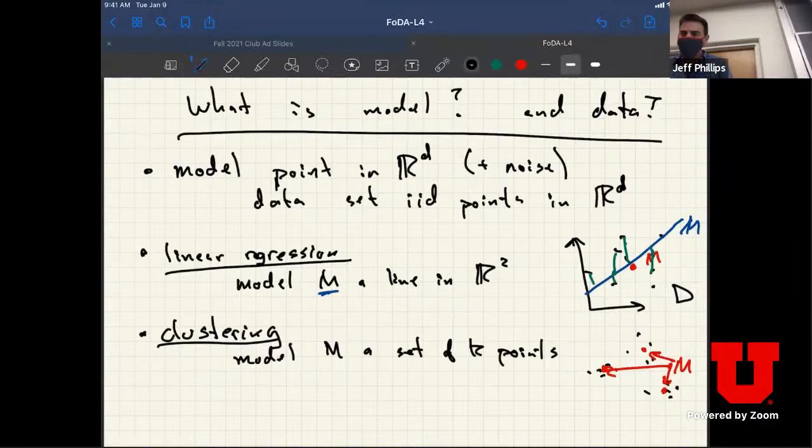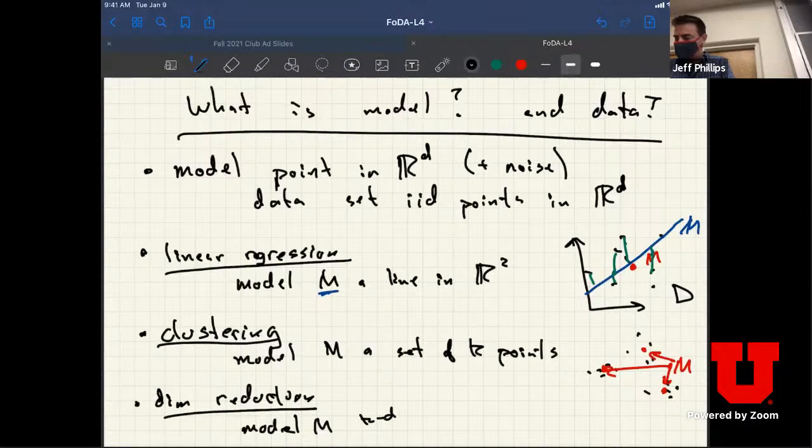Okay, we're going to do dimensionality reduction. Okay, and there are a few ways again to model this, but here the model M is going to be a k-dimensional hyperplane.